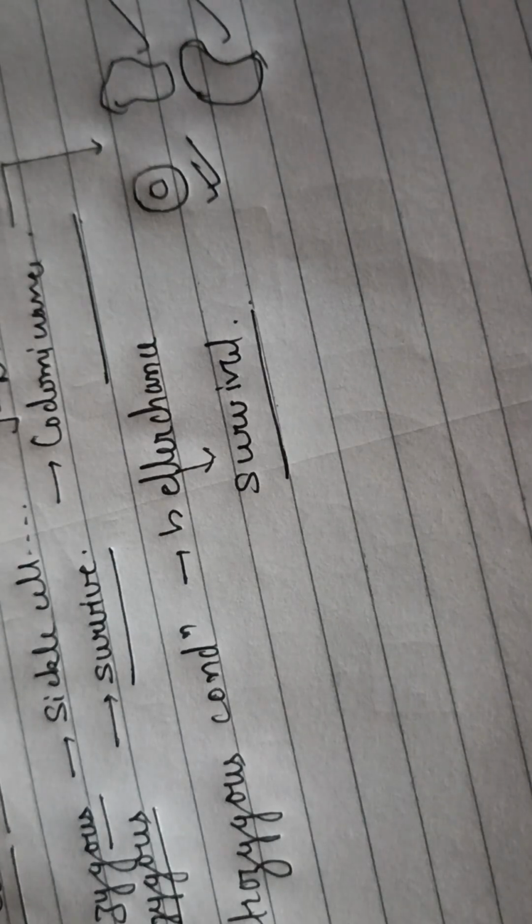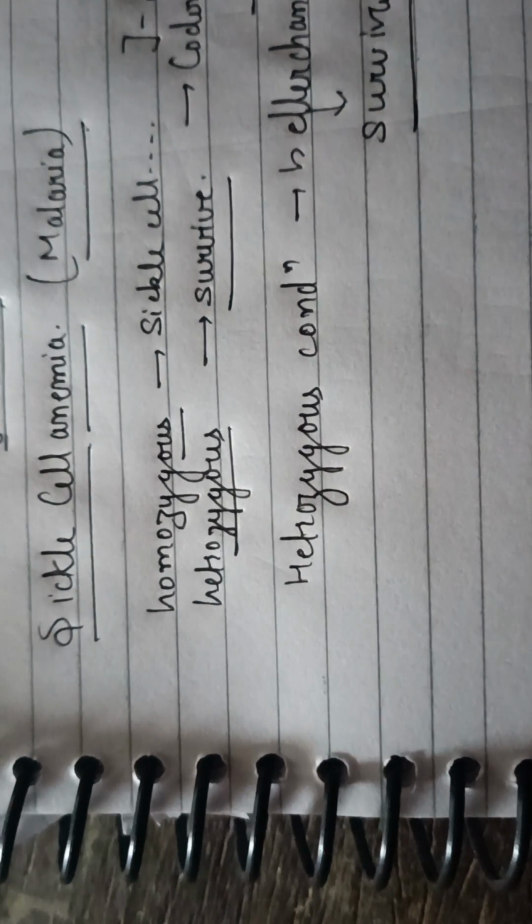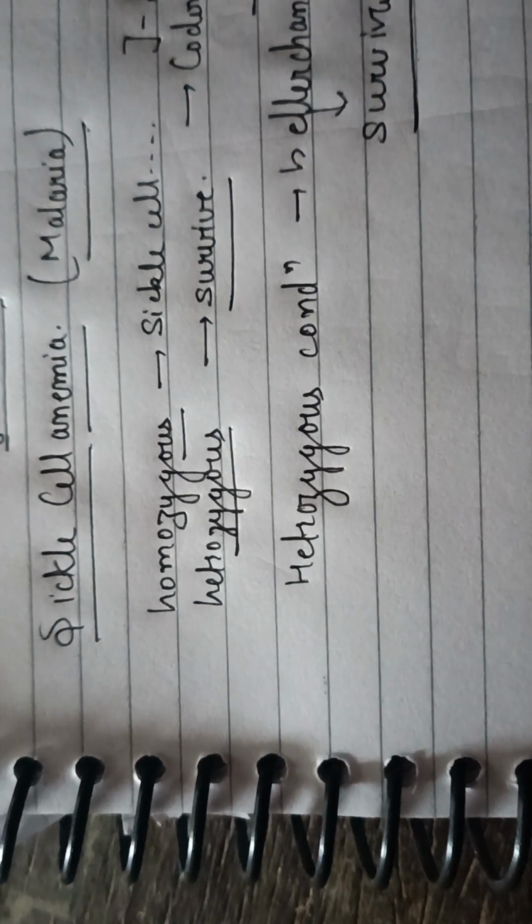The individuals with heterozygous condition have a better chance of survival, hence they are selected by nature. This process of natural selection maintains the abnormal form of hemoglobin along with the normal in a region where malaria is common. This type of selection is called balancing selection.